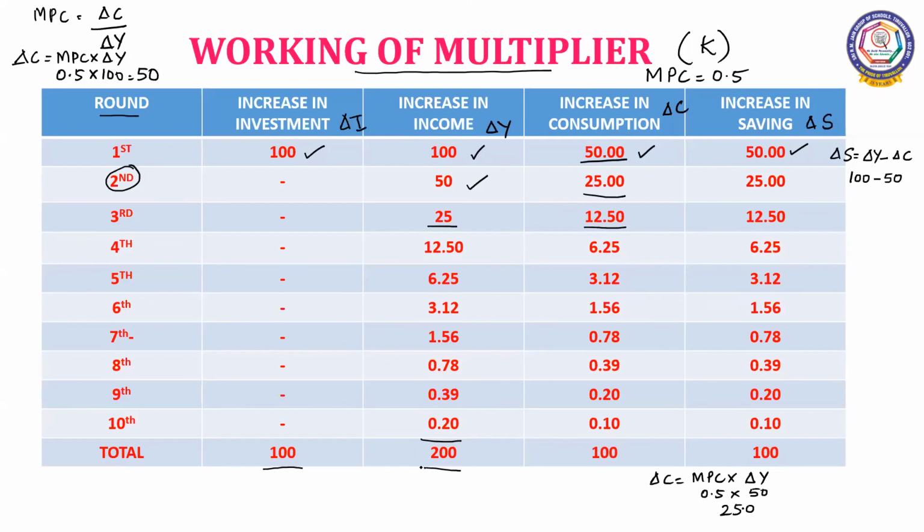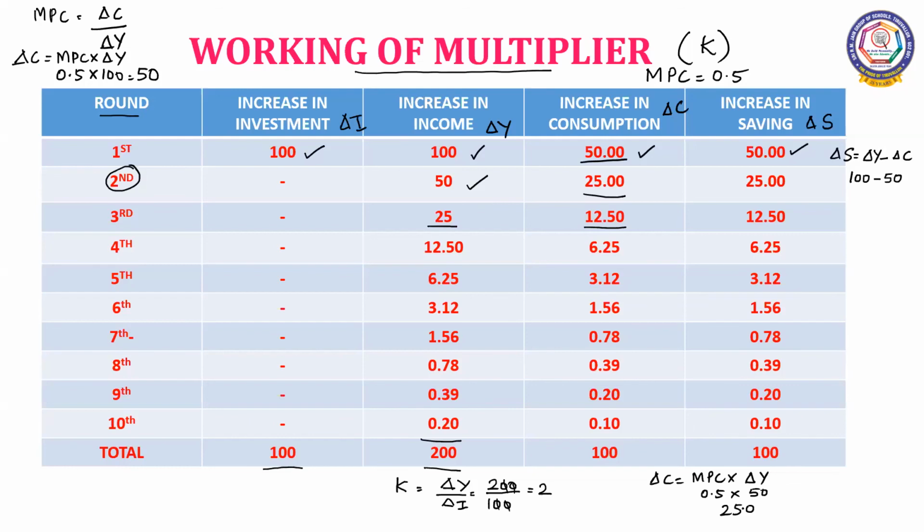Now when you calculate K is equal to delta Y by delta I. It means delta Y is 200, delta I is 100, 2 times. The income has increased by 2 times. So the multiplier gives you a very clear idea of how many times the income has multiplied due to the initial investment in the economy.